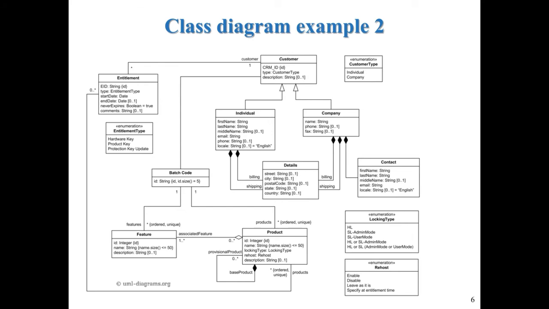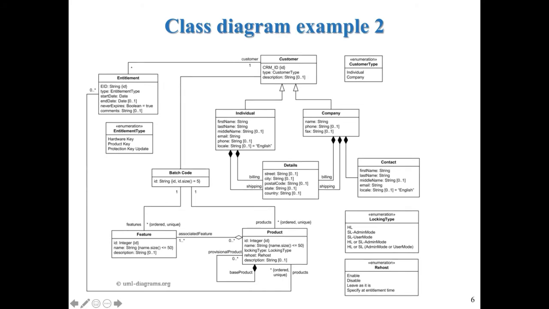All right, this is the second example of the class diagram. Classes: this is a class, another class, another class. These are the relationships, and you see different types of relationship that we have. The names of the relationships are written on some of them. Cardinality of the relationship is also written. This is the aggregation symbol, because features are part of the product. This is a recursive relationship.